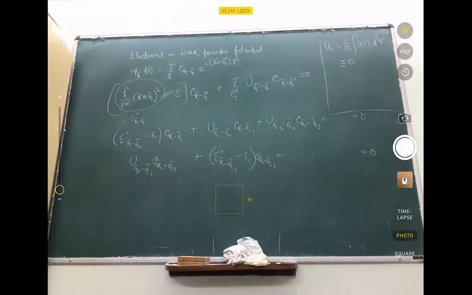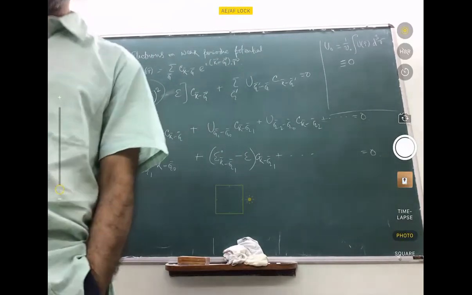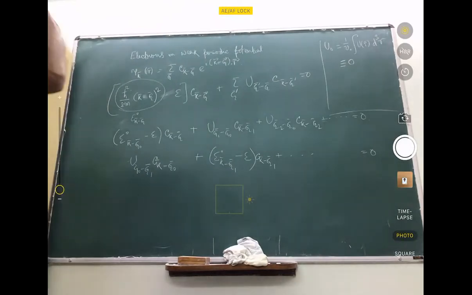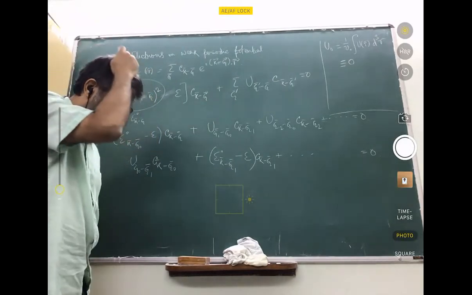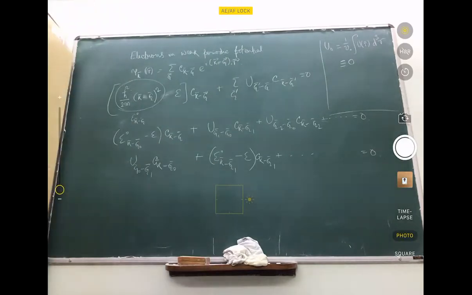Now let us see what happens. The way we are visualizing this is that we start with the free electron picture, and then these electrons experience a periodic potential due to the crystal. If the potential was exactly 0, so if all U's were 0, what would we get?